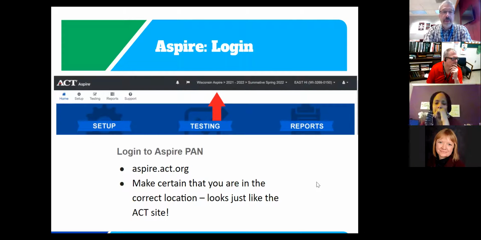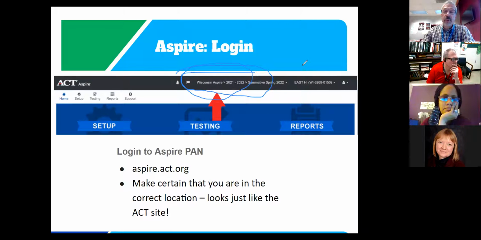Now, this looks amazingly like the ACT login, which is a horrible thing, but that's the way they have set it up. So the key part here is that when you get to this, please look for this portion right here. It'll say Wisconsin Aspire, and then it will give the dates of the test.